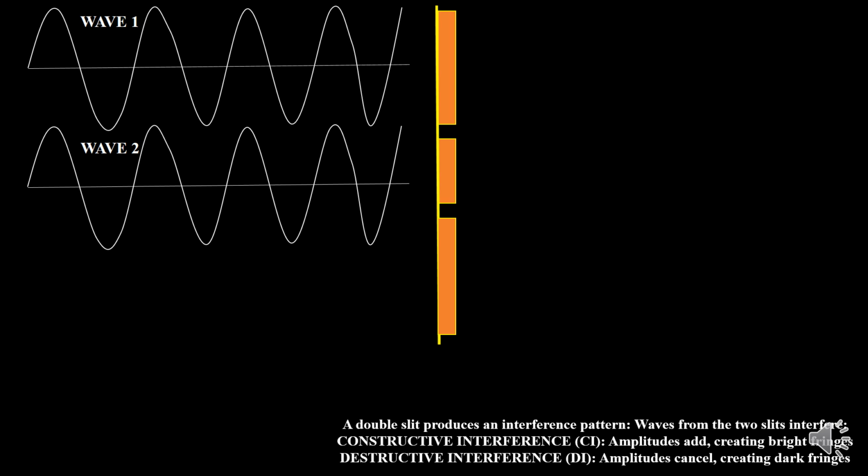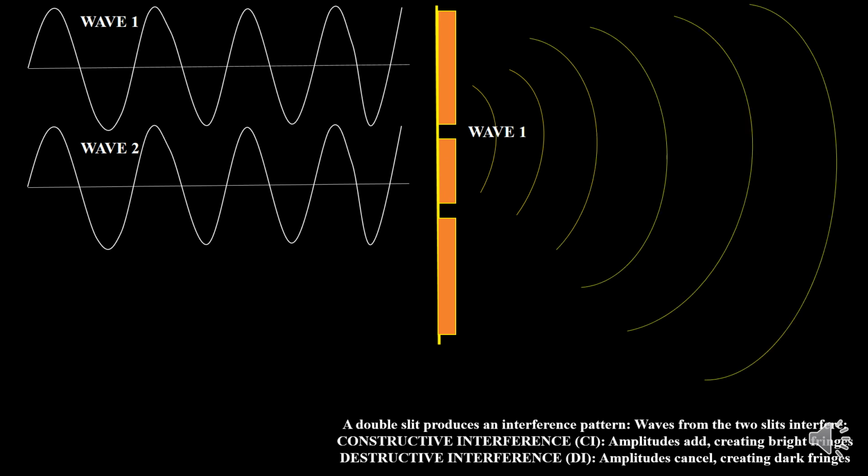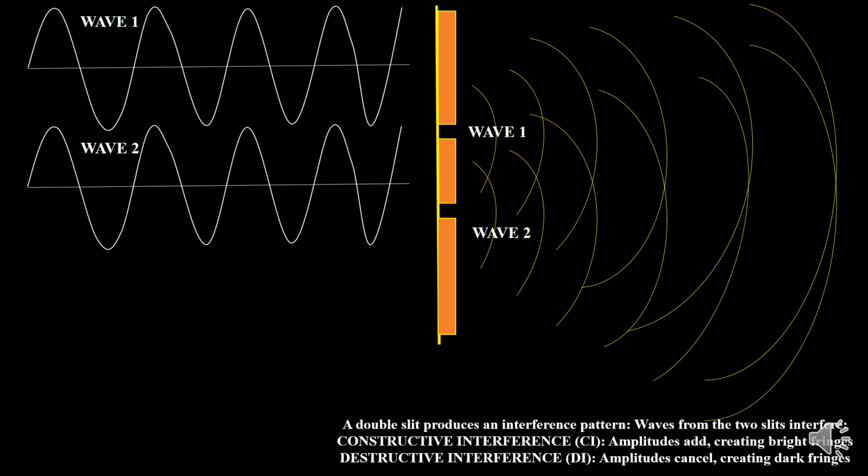So light passing through a double slit, you see wave 1 emerging out of the first slit and wave 2 emerging out of the second slit. Remember, both wave 1 and wave 2 emerge simultaneously from the slits.